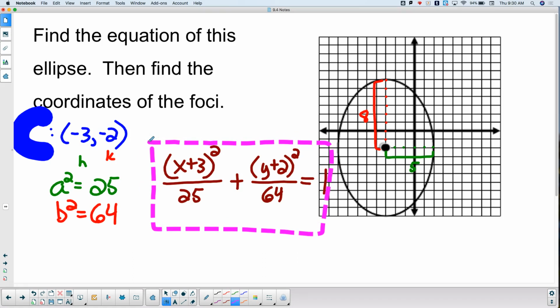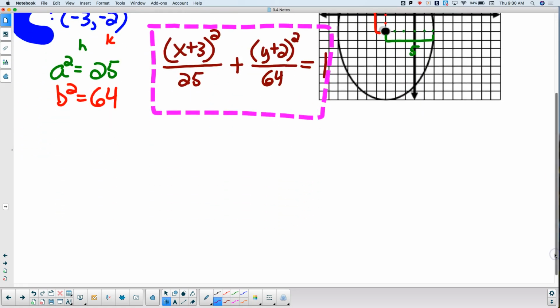Hi, DJ. How are you? Good. We got to find the foci now, right? So c squared is going to be what? Equals 64 minus... Can I write it as 25 minus 64? Because that's going to be then a squared minus b squared.